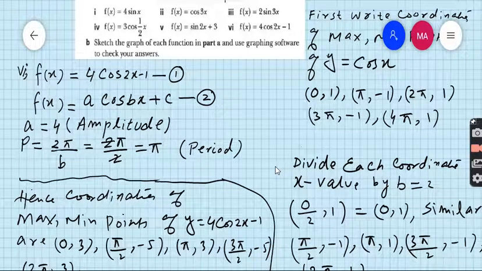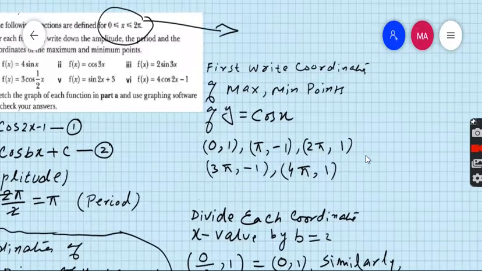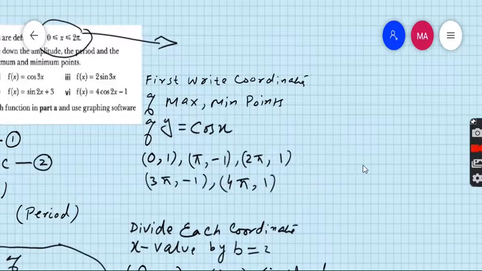Now, the third requirement is to find the coordinates of maximum and minimum points of this function. In order to find the coordinates of the maximum and minimum points of the given function, first write the coordinates of the maximum and minimum points of y is equal to cos x. You know, in a simple function cos x, the maximum value is 1 and the minimum value is minus 1.